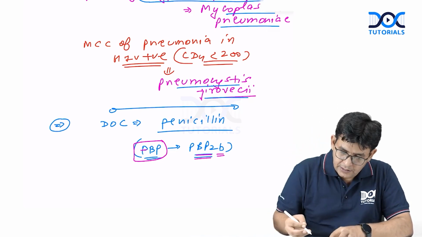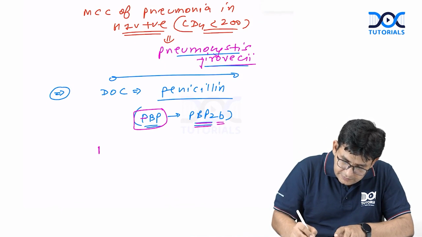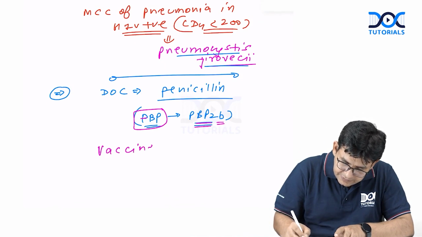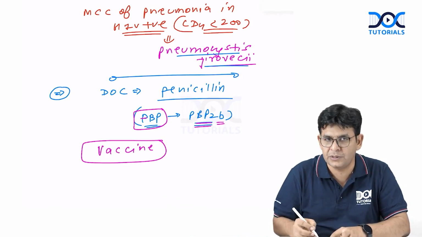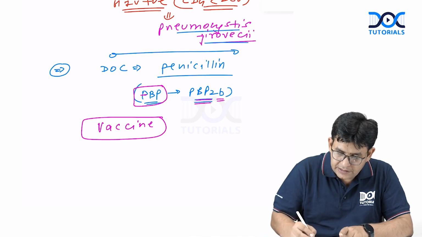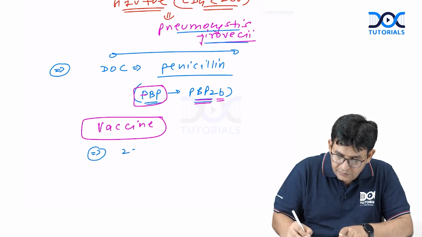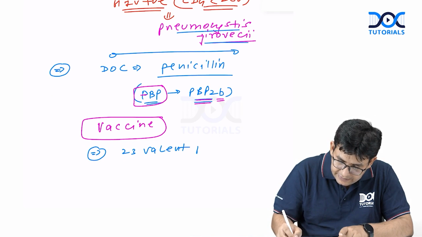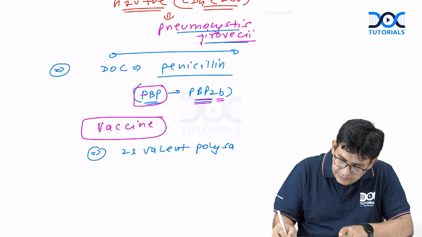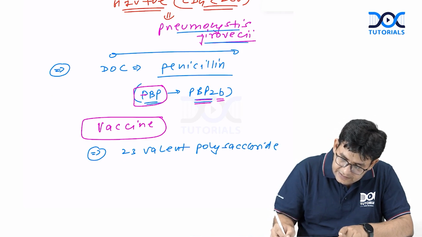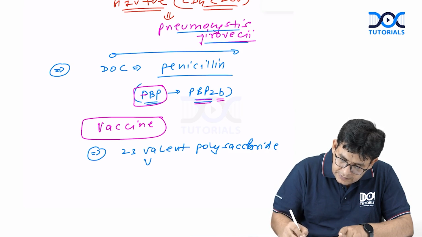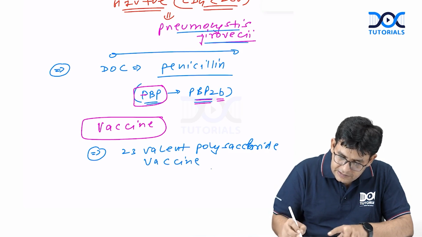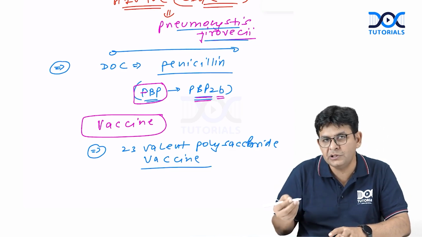Now, if we talk about the vaccine of pneumococcus. The vaccine which used to come previously is the 23-valent polysaccharide vaccine. It was the first to come, and it is given to whom? Not to the children, at least.